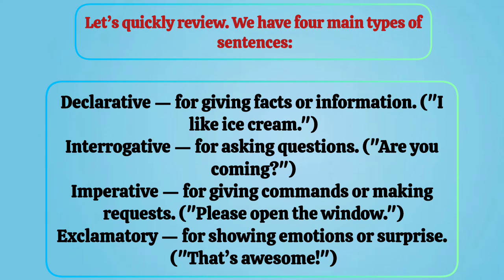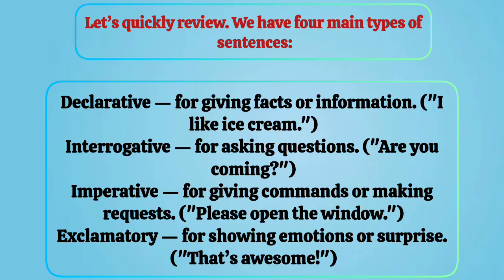Let's quickly review. We have four main types of sentences. First is declarative, for giving facts or information. For example, I like ice cream.